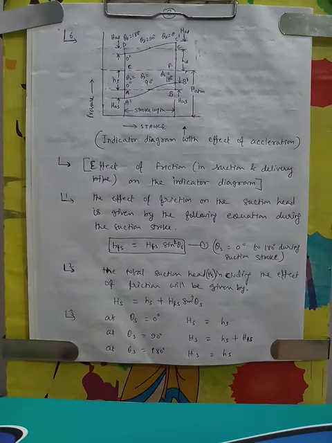In the ideal indicator diagram, we add the effect of acceleration, then we get this indicator diagram. And if we add the effect of friction, then what will the indicator diagram be? Let us see. So similarly, here is the effect of friction.